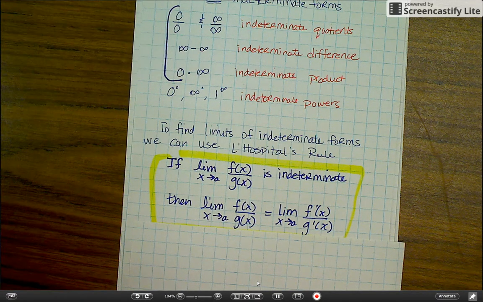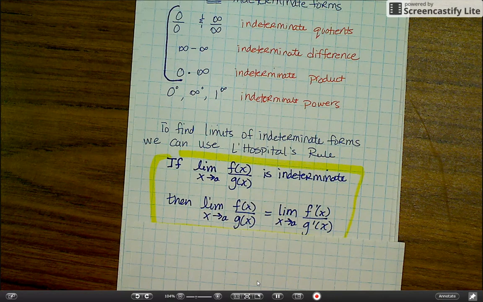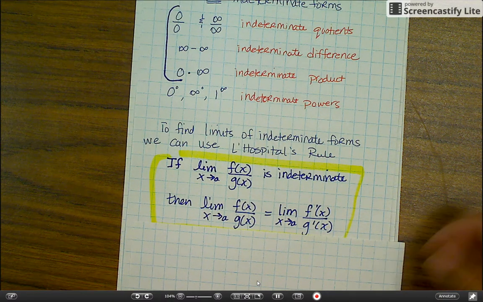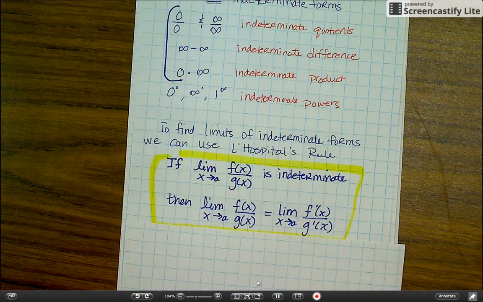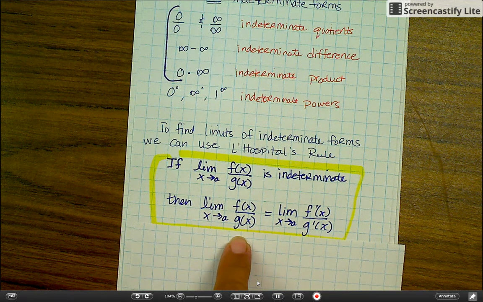Infinity minus infinity means that we have an expression that is not in fraction form, but we're going to learn how we can turn it into fraction form. Same with 0 times infinity. That is not in fraction form, but we will learn how to turn it into a fraction form, in other words, a rational expression, so that we can apply L'Hopital's rule.